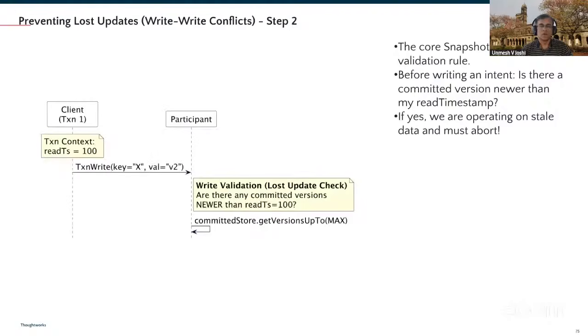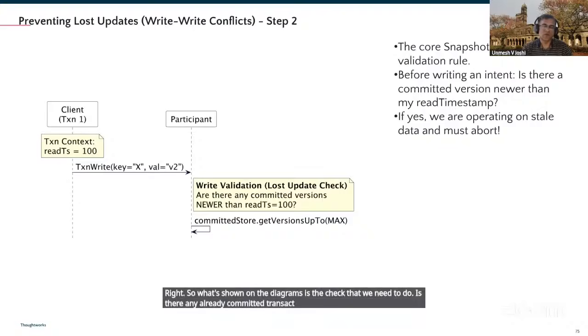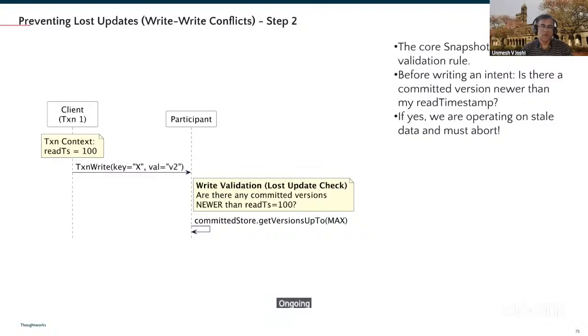What's shown on the diagrams is the check that we need to do: is there any already committed transaction? It's not enough to test if there is any ongoing transaction, but also if there is any already committed transaction after the read timestamp of the current transaction.